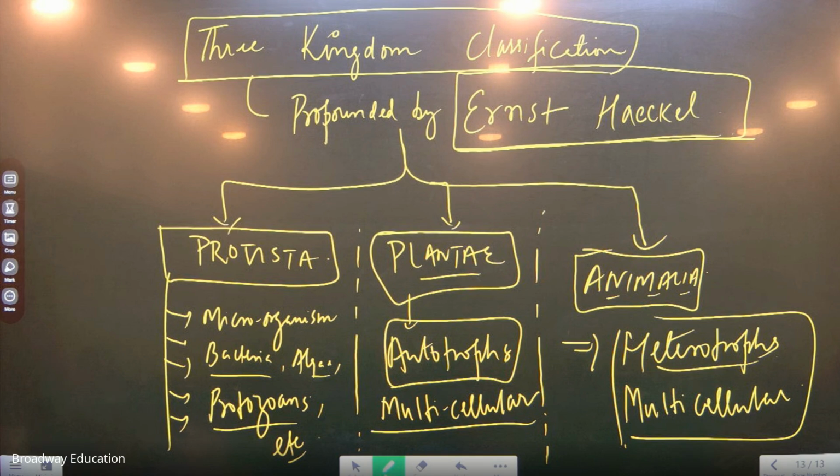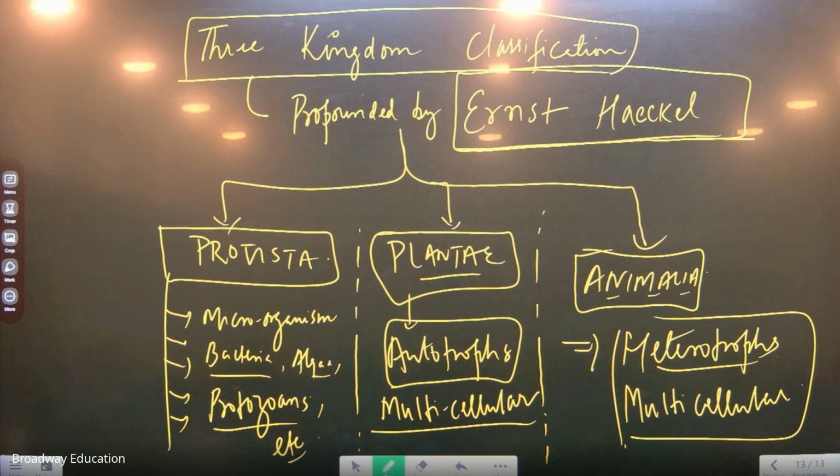Understanding? Classification? Yes, no. One question is asked every year. Every year, one question. Favorite area. You check the last 10 years' questions. Every year, one is minimum in UPSC, not in the state PCS.